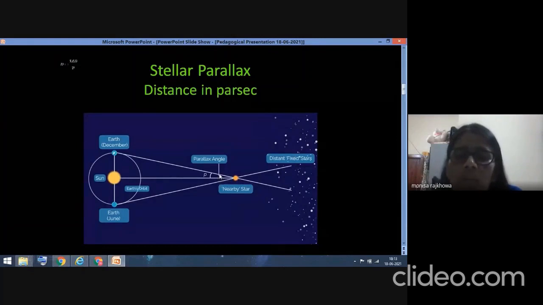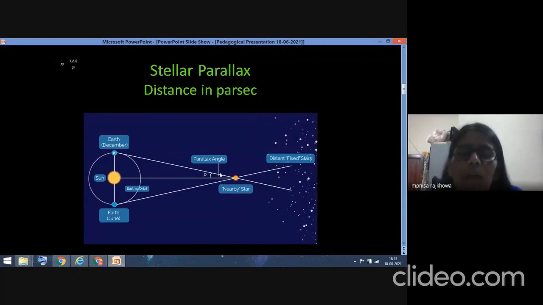One can measure this parallax angle, and from the parallax angle one can determine the distance. The larger the angle, the closer the star is to Earth, and as the angle decreases, the star is further and further away from us.